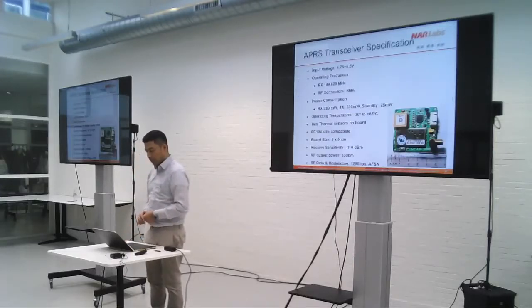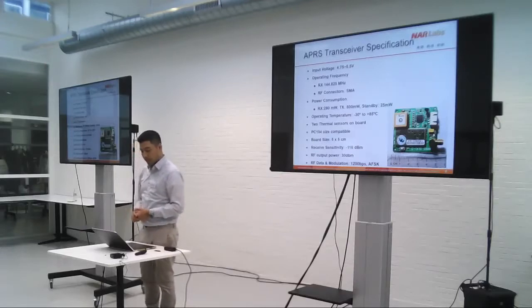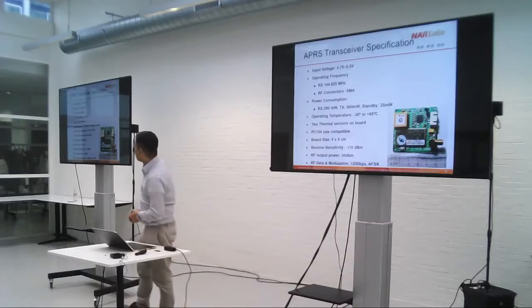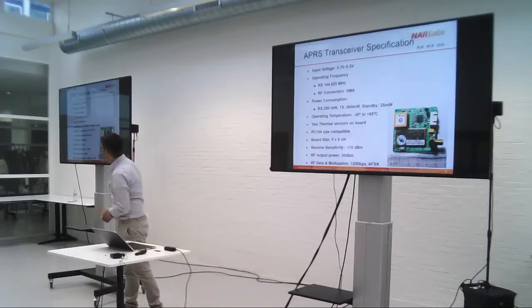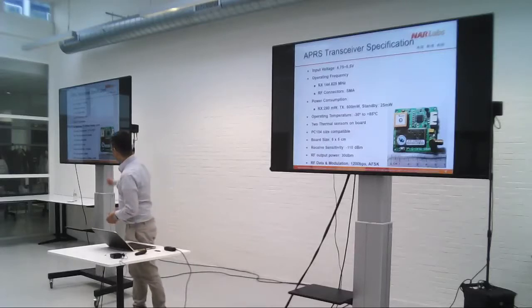The transceiver we have operates at roughly 5 volts, and at a frequency of 144 megahertz. This is the PCB board. You can buy this already for the balloon. You can connect it with a Raspberry Pi, and the size is a little bigger.